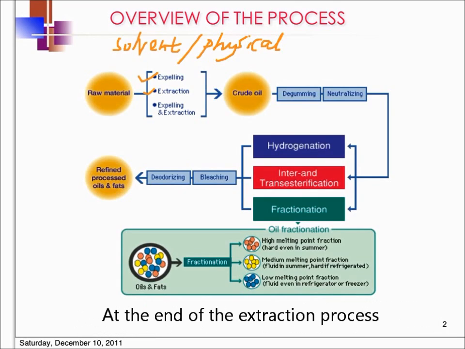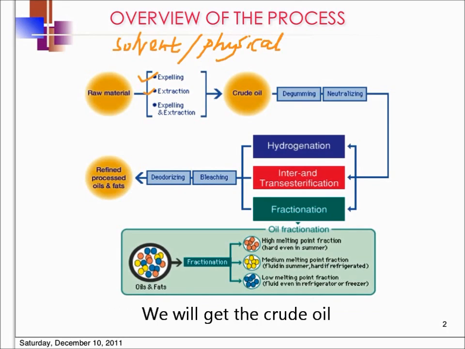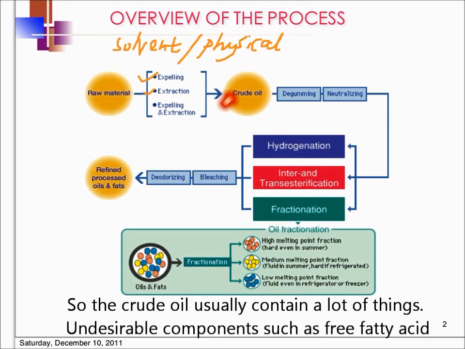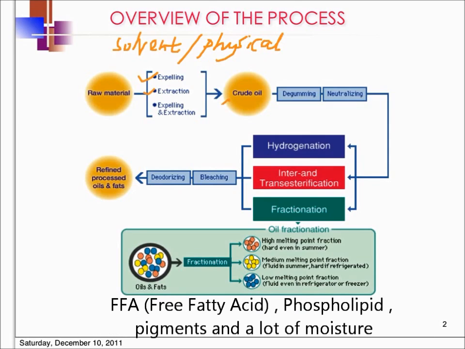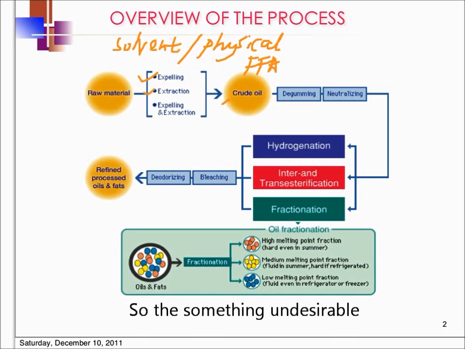At the end of the extraction process, what we'll get is the crude oil. The crude oil usually contains a lot of undesirable components such as free fatty acid, FFA, or it can contain phospholipids, pigments, and a lot of moisture. So this is something that is undesirable.